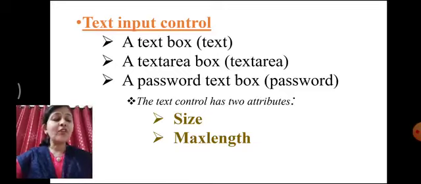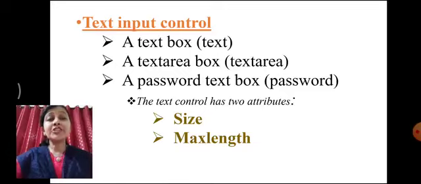It is used for a larger amount of text. If we are writing suggestions or comments, we can use this text area box. A password text box is for entering the password. The password will not be seen; it will be shown in the form of asterisks or bullets.